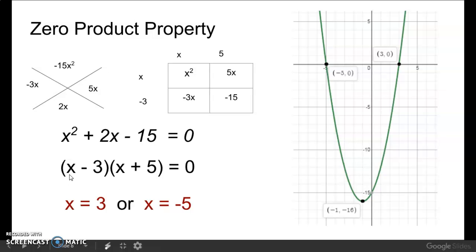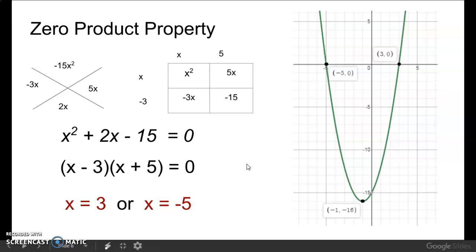That means either x - 3 equals 0 or x + 5 equals 0. If x - 3 equals 0, then x would have to be 3. If x + 5 equals 0, then x would have to be -5. So I have two values for x, whatever makes what's inside the parentheses equal to 0, and it could be two different numbers because you only need one of them to equal 0.